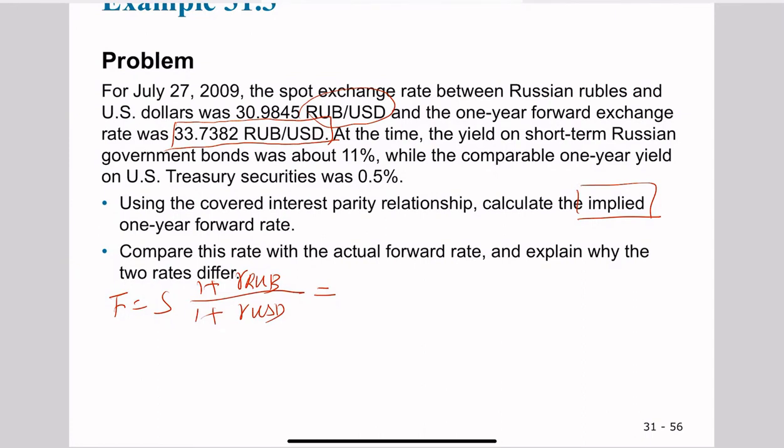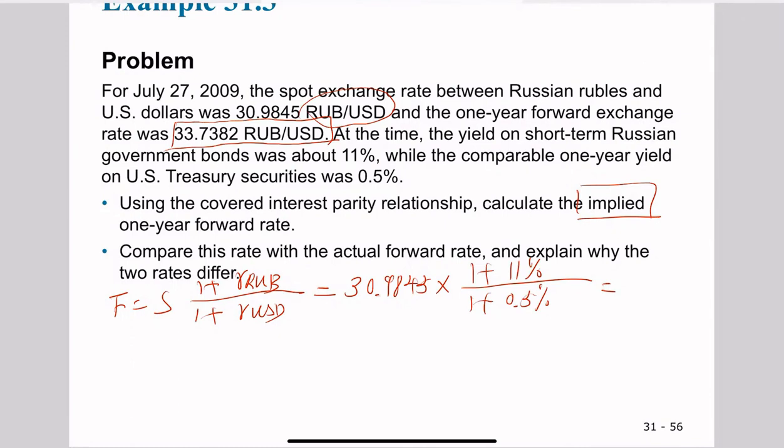And we know the spot is 30.9845, and the interest rate in Russia is 11%, and the interest rate in the US is 0.5%.